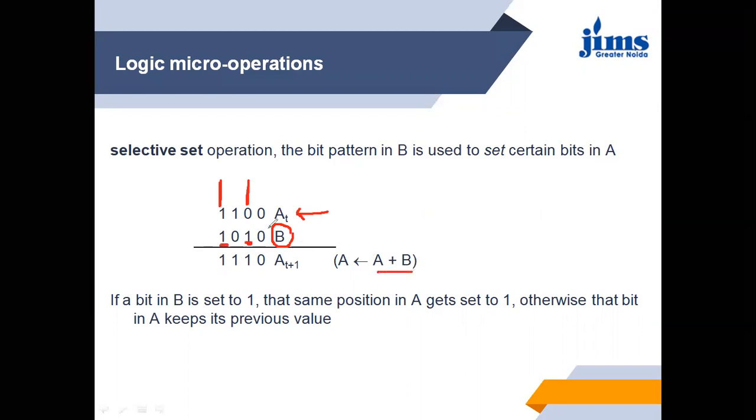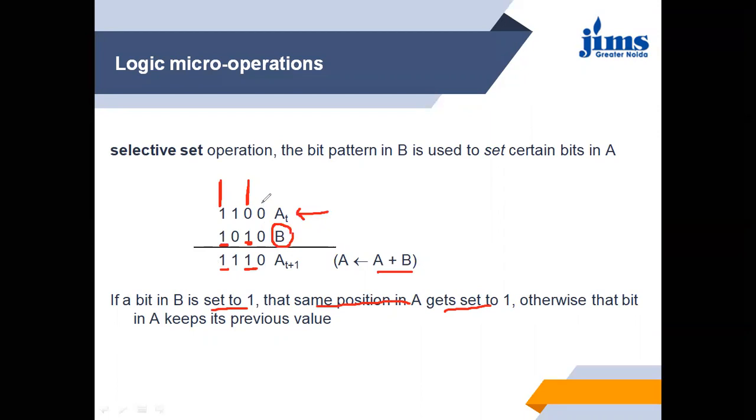as we know, the concept of OR, that is addition, is that when any one of the bits is 1, the output is 1. So we are making these bits 1. Either this is 0 or this is 1, we are getting 1 in the output. So if a bit in B is 1, the same position in A gets set to 1. Otherwise, that bit in A stays as it was previously.